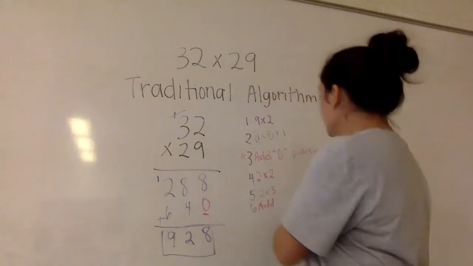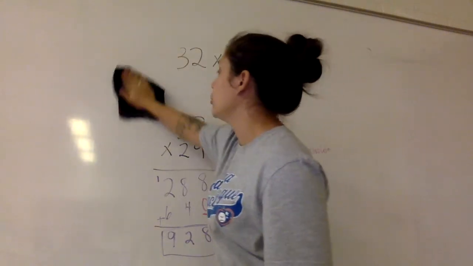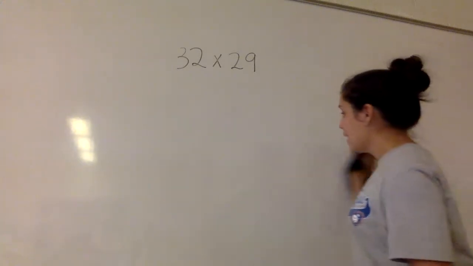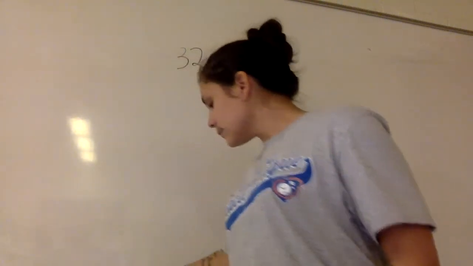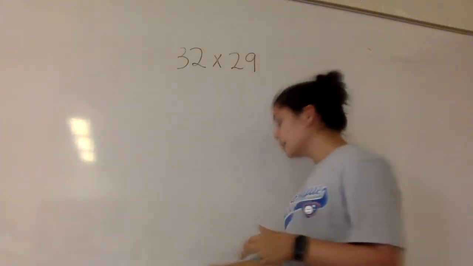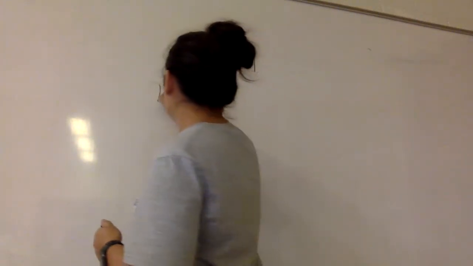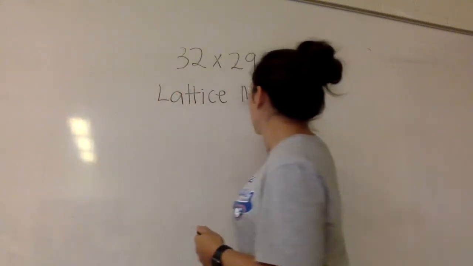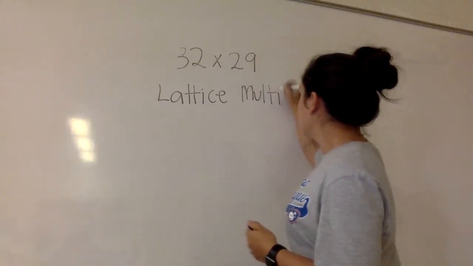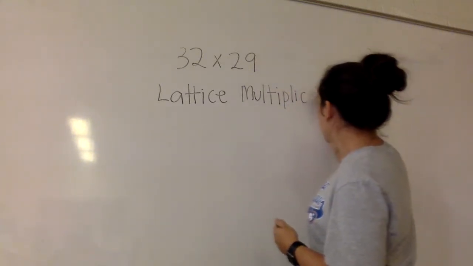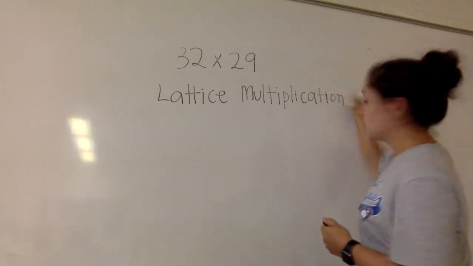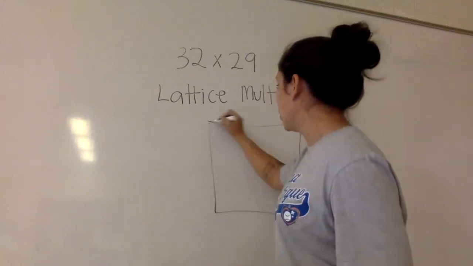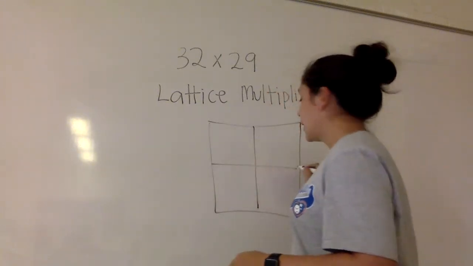So the next one I'm going to teach you about, or show you if you don't already know it, is called lattice multiplication. This one, I like lattice. Lattice is very interesting. So with lattice, you're going to simply start with what I like to call a window.